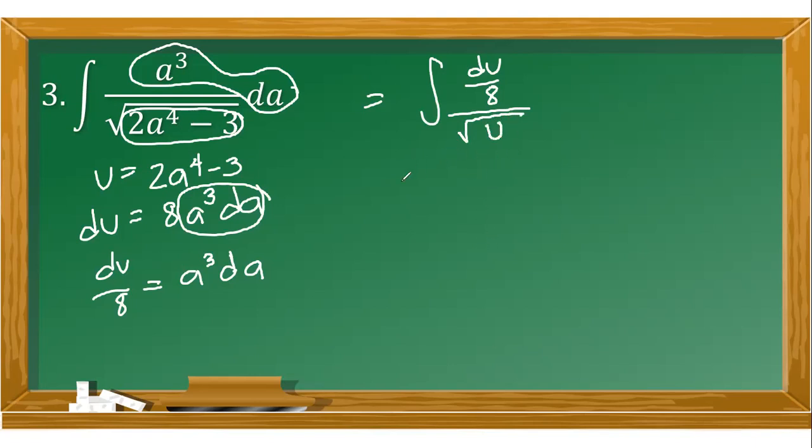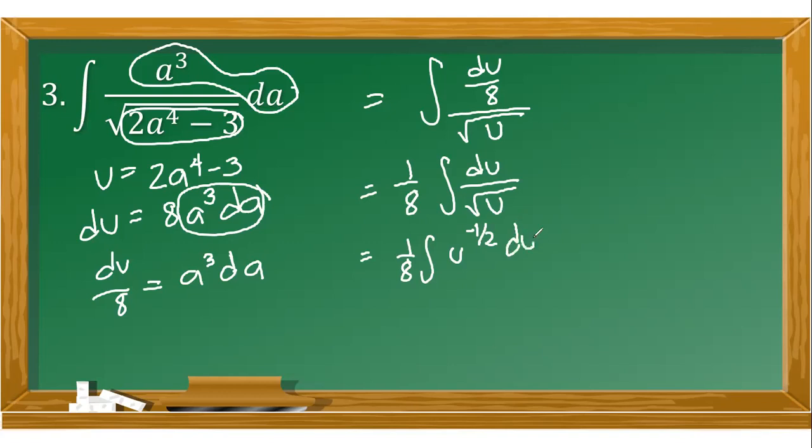Pwedeng ilabas mo na yung 1 over 8, tas integral na lang muna ni du over square root of u. Rewriting that, we have 1 over 8 integral ni u raised to negative 1/2. Naging u raised to negative 1/2 since nasa denominator siya, pag inangat natin, magiging negative yung exponent, and then square root is fraction yung exponent. So u raised to negative 1/2 du.